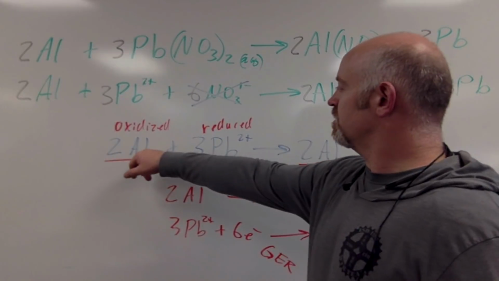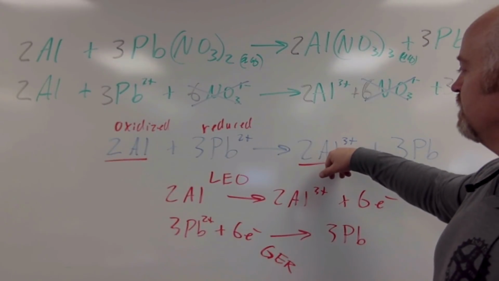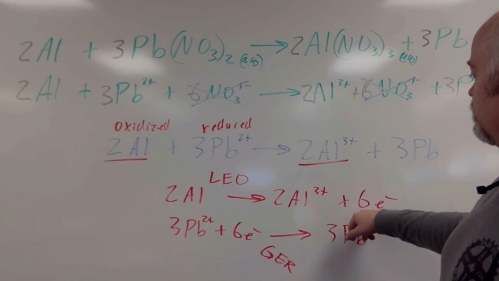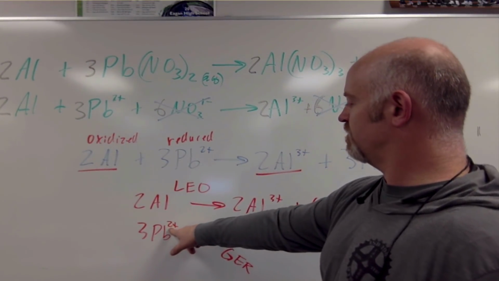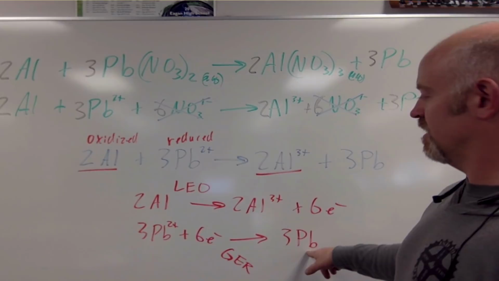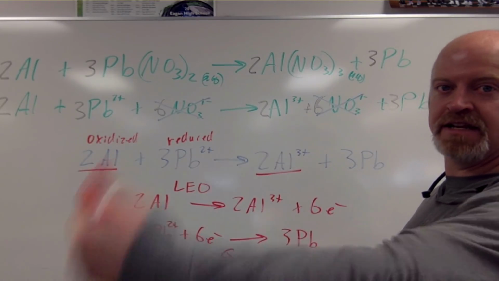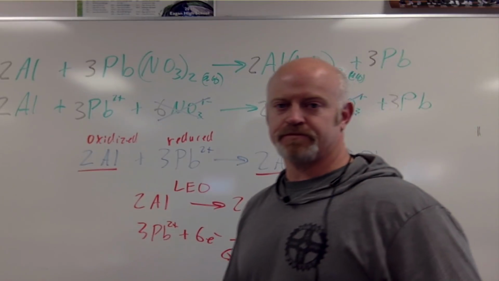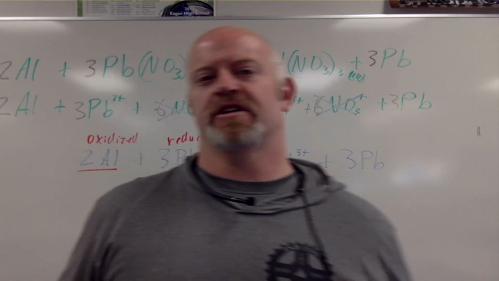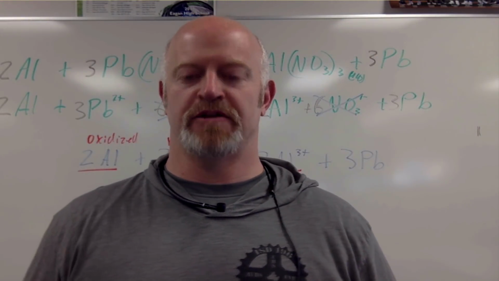So in this case, the aluminum, because it becomes positive, that means it's going to lose these 6 electrons, so it was oxidized. The lead, because it comes from being positive to neutral, that means it's gaining electrons, right? It's gaining negative charge to balance that out. It's being reduced here, okay? Okay, we'll have more practice with this for you guys to do as we move forward.